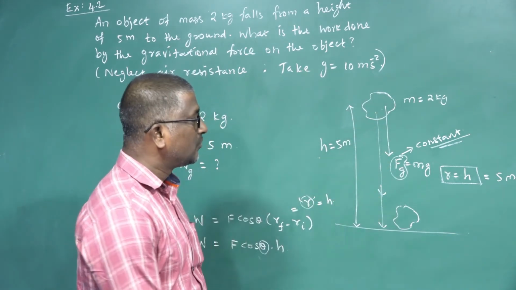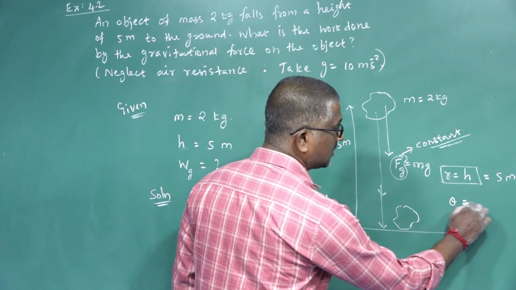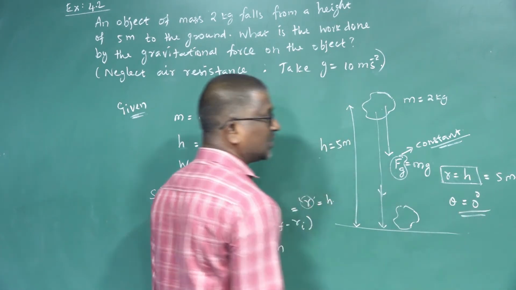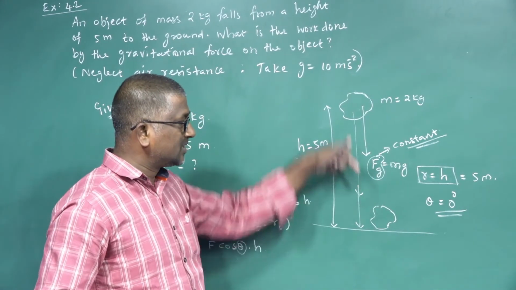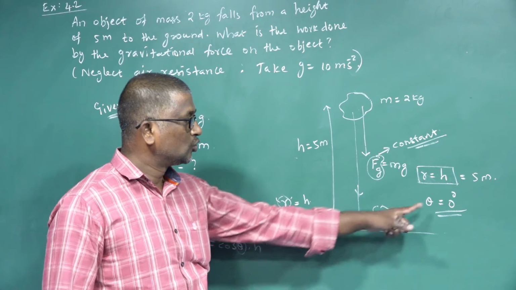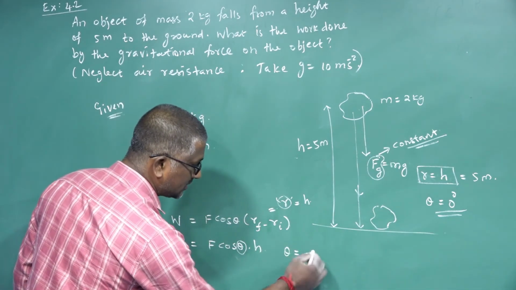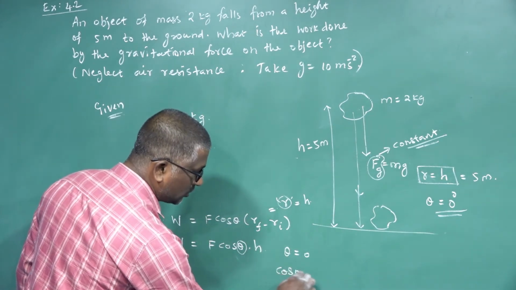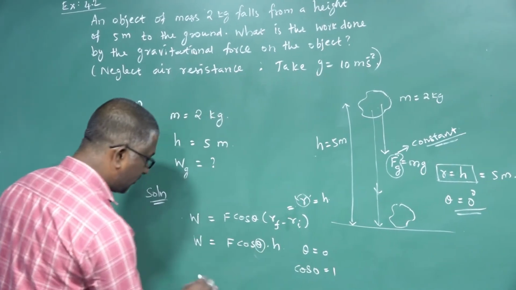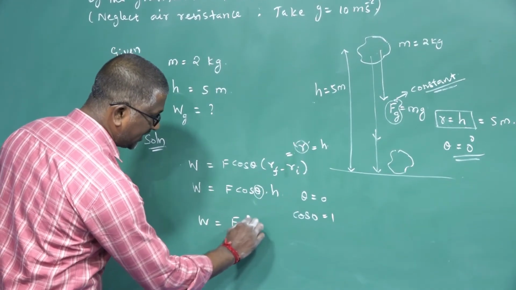So the angle between force and displacement is 0 degrees, because gravitational force and displacement are acting in the same direction. So the theta value is 0. Therefore cos 0 is 1. Therefore W is equal to F into h.